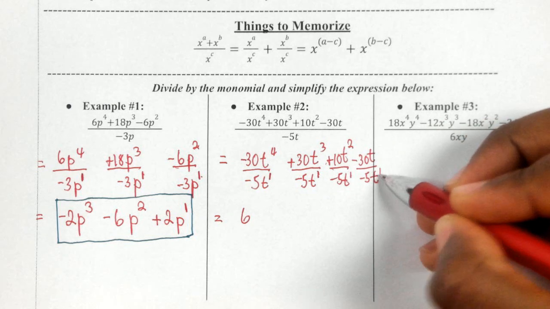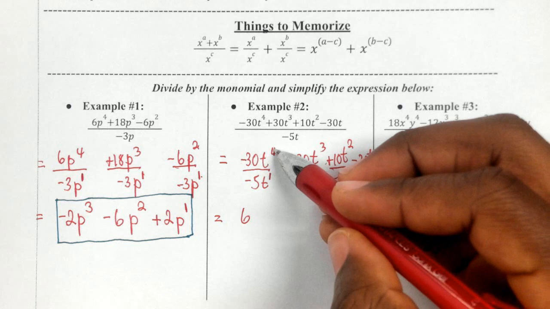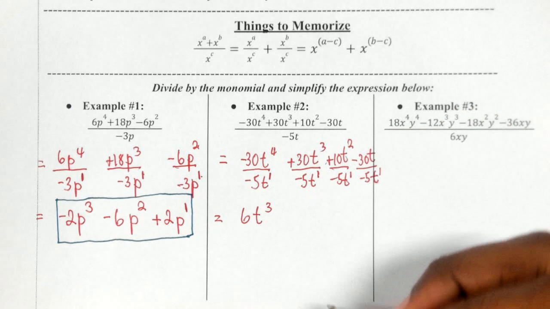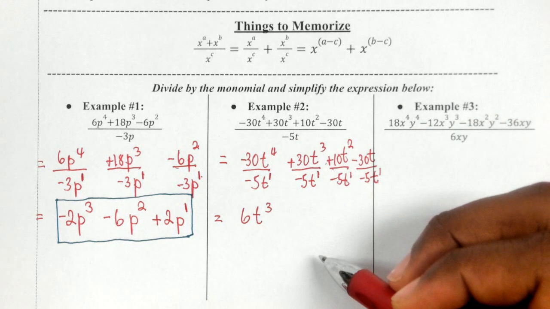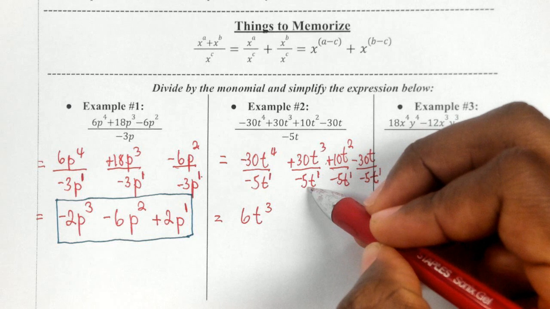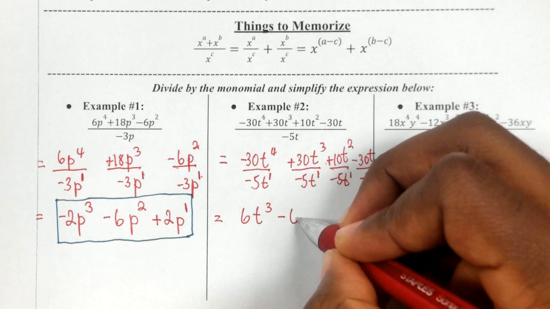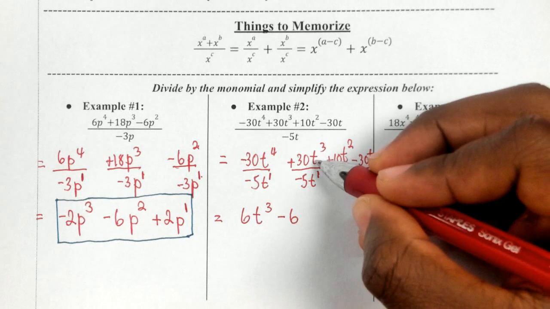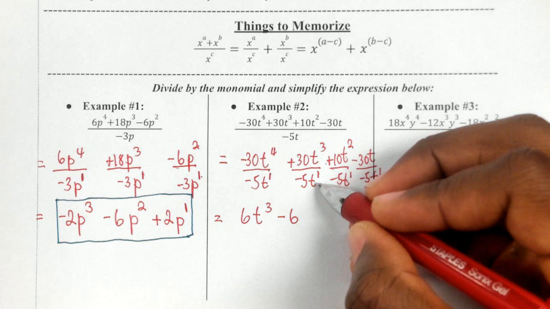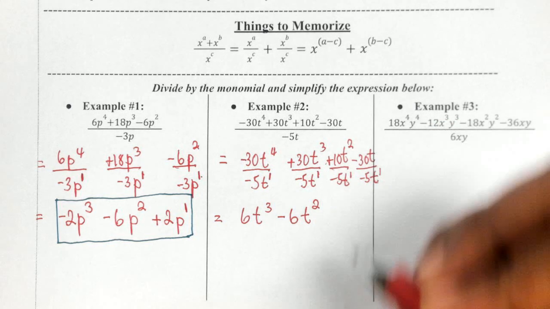So 4 take away 1 leaves me with 3, and I'm all done with that first term. Now positive 30 divided by negative 5 gives me a negative 6. I have 3 t's at the top, 1 at the bottom, so 3 take away 1 leaves me with 2.